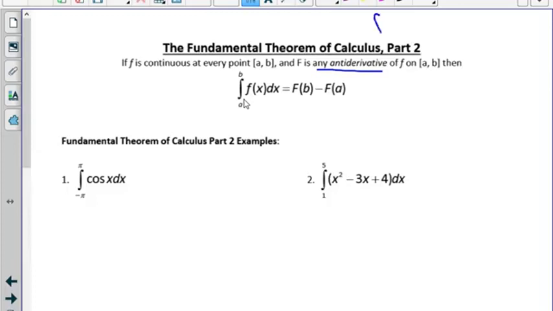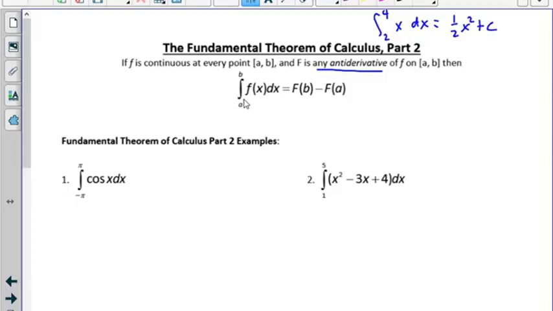So, for example, let's say I have the integral from 2 to 4 of x dx. I know that an antiderivative of this is 1/2 x squared plus c.